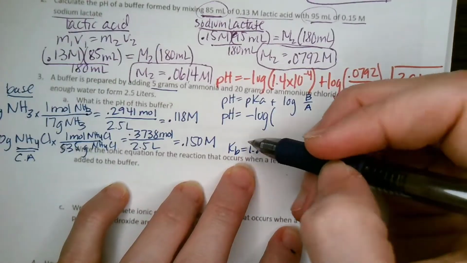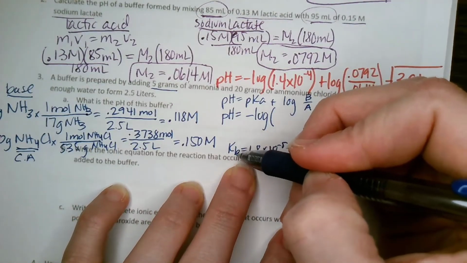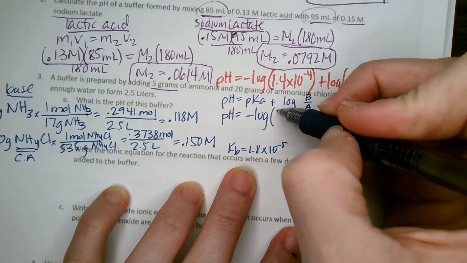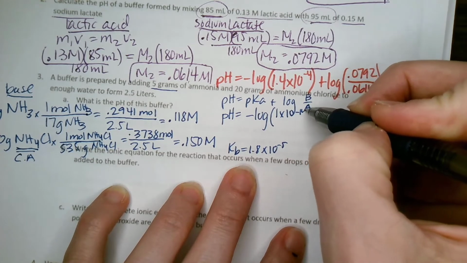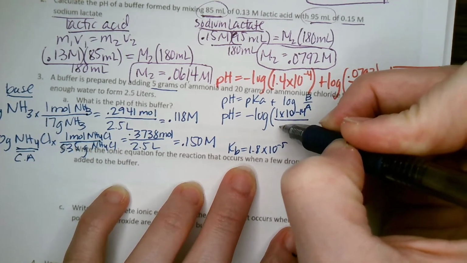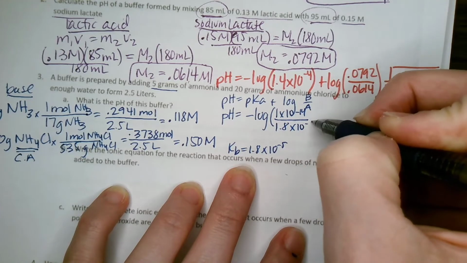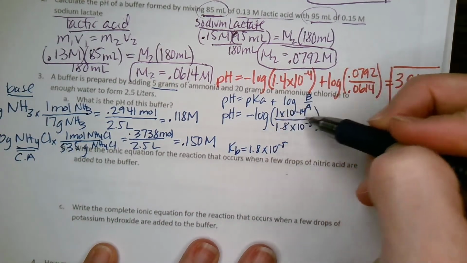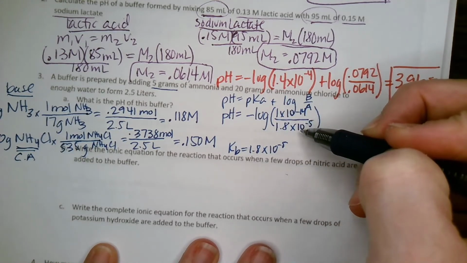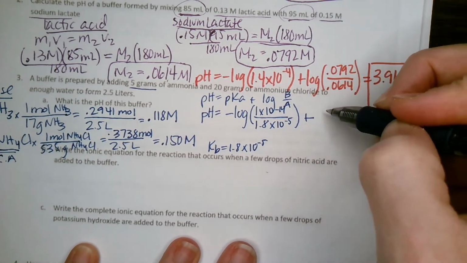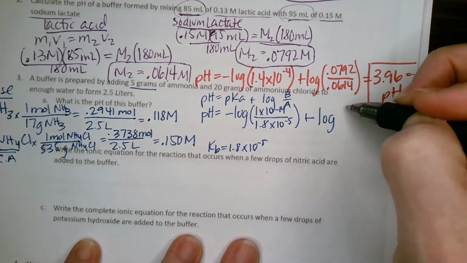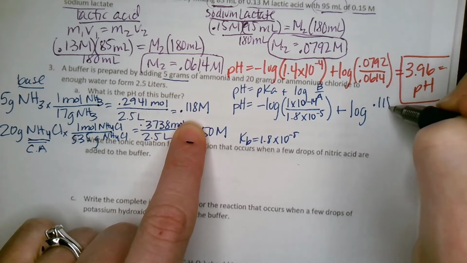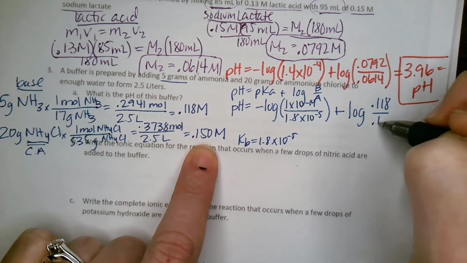We can find the Ka by doing the constant, the Kw for water, which is 1 times 10 to the negative 14th, divided by Kb, which will give me my Ka. So if I do this divided by that, I get Ka. Now let's do plus the log of our base, which is our 0.118, divided by my acid, 0.150.